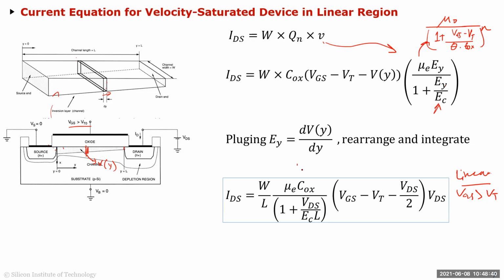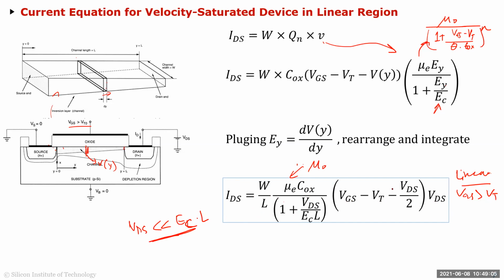For low fields, this turns out to be the same equation as we did before, because at low fields we said mu is equal to mu naught, and VDS is much less than the critical field times the length of the channel, because this is how we defined it. So this turns out to be W over L mu naught Cox times VGS minus VT times VDS minus VDS squared over 2.